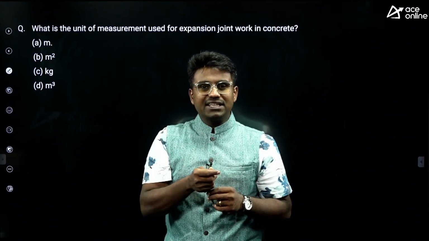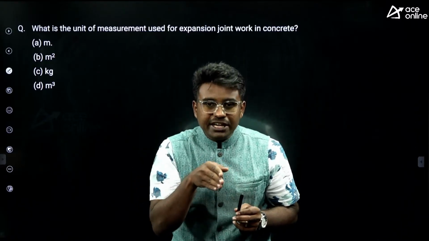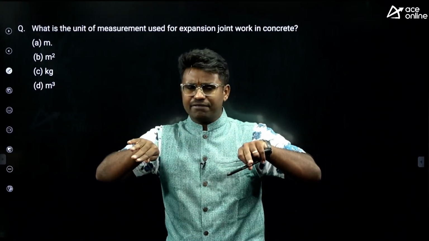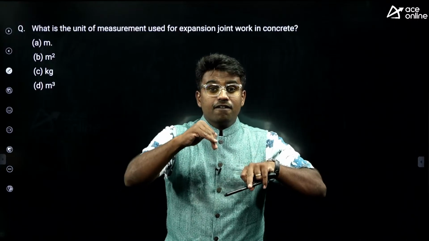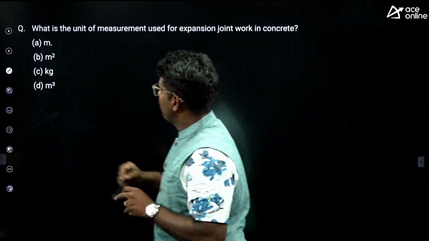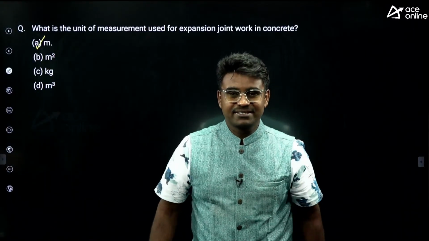In between there is a hot tar or some expansion material is poured so that concrete expands and contracts. Every material expands and contracts. Right? So, how do you calculate that? In form of running meters or meters.